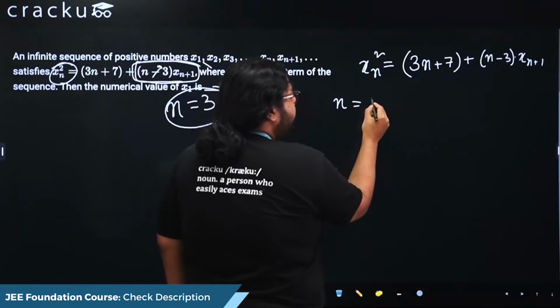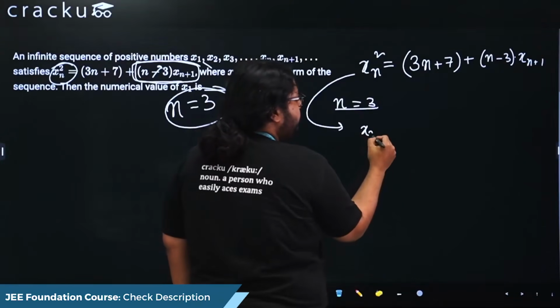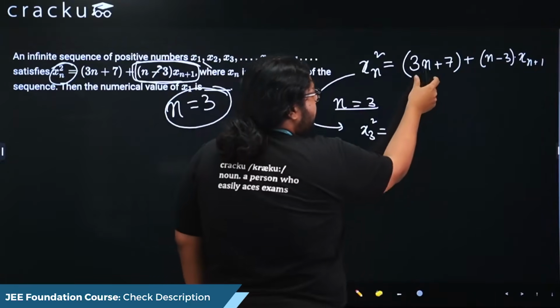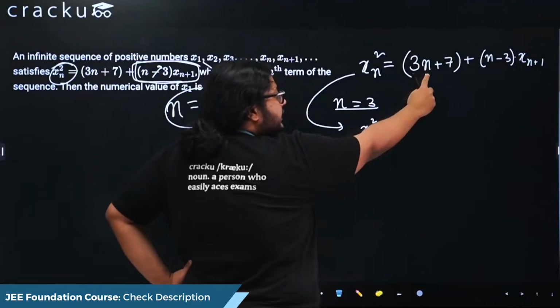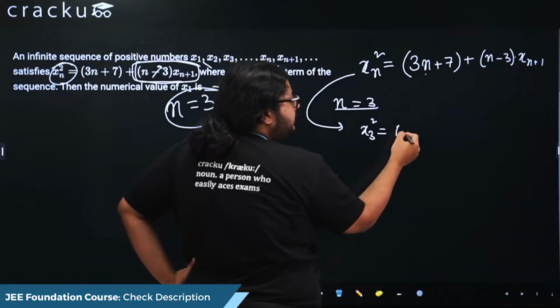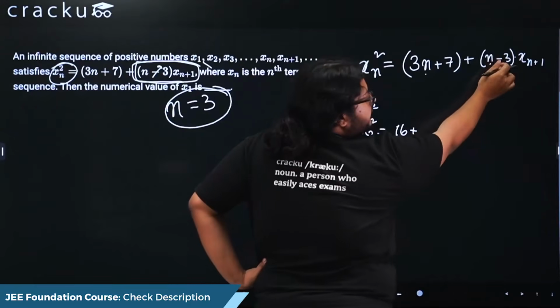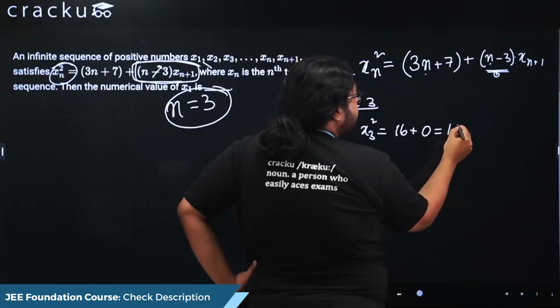If I take n to be equal to 3, in that case, x3 square is equal to 3 into 3, 9, plus 7 is 16, plus whatever this value is, and 3 minus 3 is 0, so 16 plus 0 or basically 16.